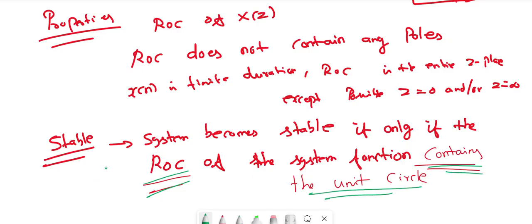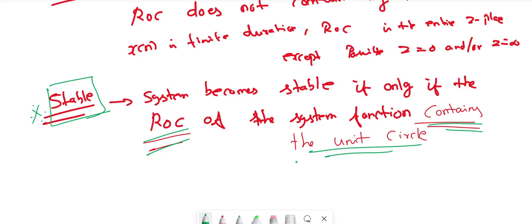If the ROC contains the unit circle, then the system is stable. The system is stable if the ROC contains the unit circle. Okay.